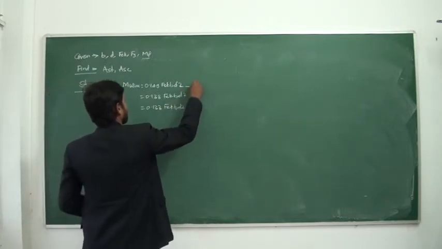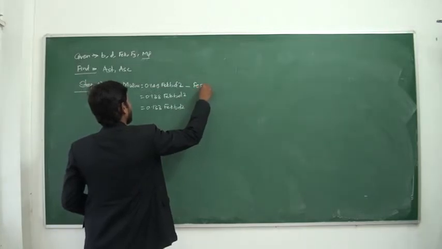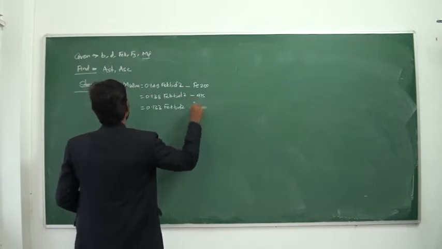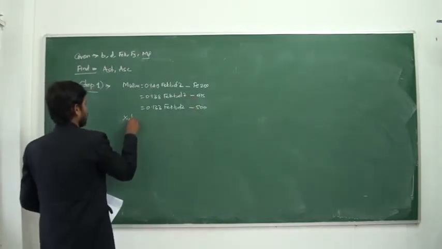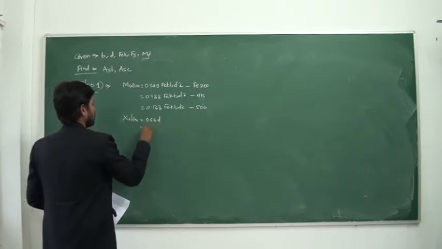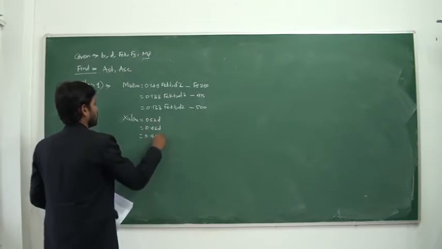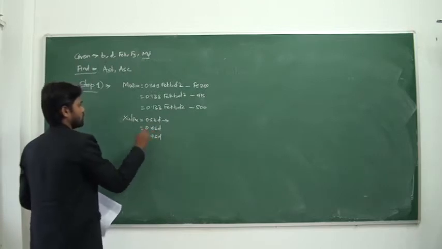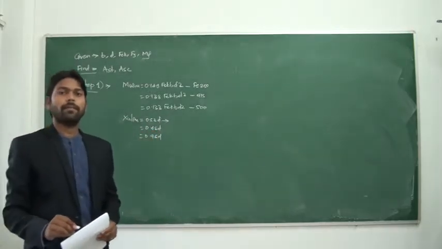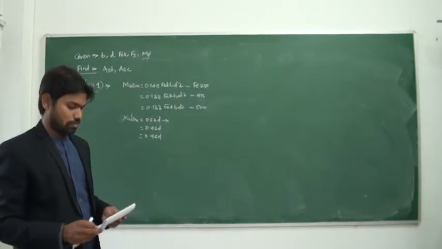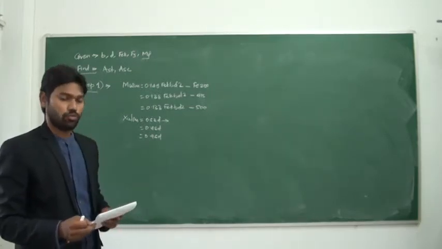This is for Fe 250, 415 and 500. Similarly, in the same step, you have to find out the Xu limit value also: 0.53d, 0.48d, and 0.46d, for 250, 415, and 500 respectively. So in the first step, you have to calculate the design constants. Simply, you have to find out Mu limit and Xu limit.